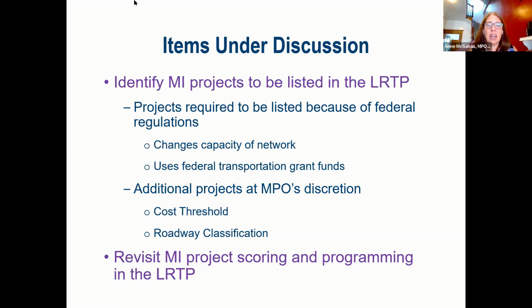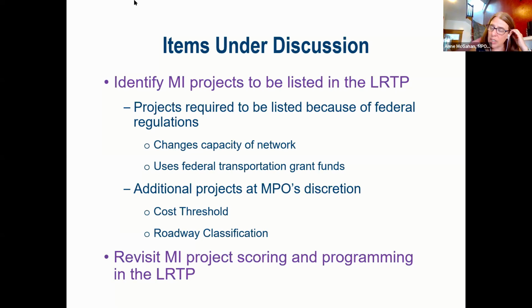So what we're trying to set up here is that the basic policy is that every project is going to get scored with the LRTP process. If it's ready to be programmed in the TIP and there is a score, we would provide that information as well. And then once it does get into the TIP, the MPO should make sure you rescore it and reconsider to make sure that it's still a good project.